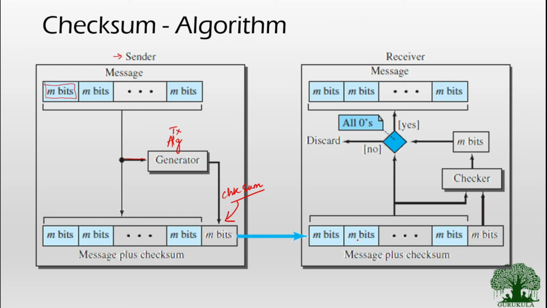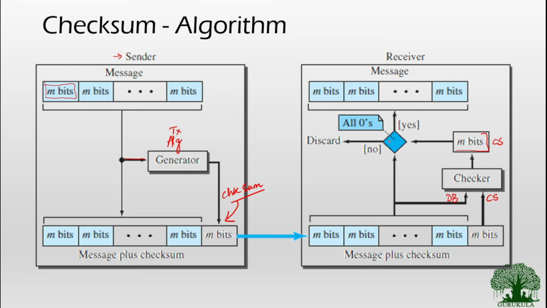At the receiver side, both the data bits and the checksum will be fed to the checker. This is what my data bits are, and this is what my checksum is. Both are sent to the checker. My checker will extract only the m bits of information present in the checksum, and then check if it is all 0.